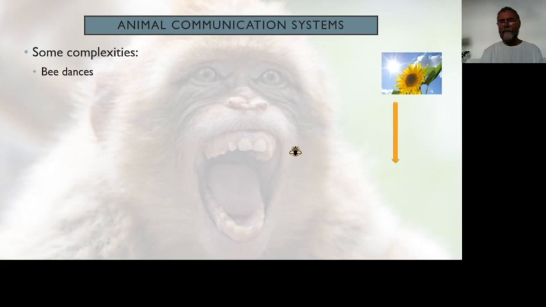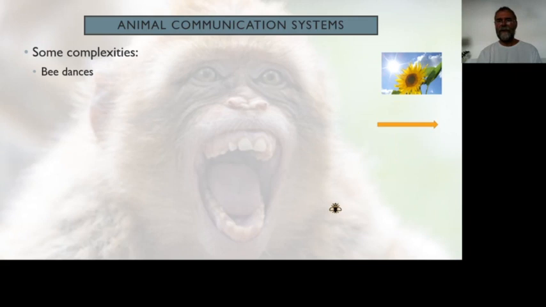On the other hand, if the dance goes downwards with respect to the position of the hive, the orientation of the hive, that means that when you leave the hive you have to fly in the opposite direction, directly away from the sun to find the flowers. And obviously then the bee can dance in any particular direction within the hive to indicate any particular angle with respect to the sun that you have to fly.